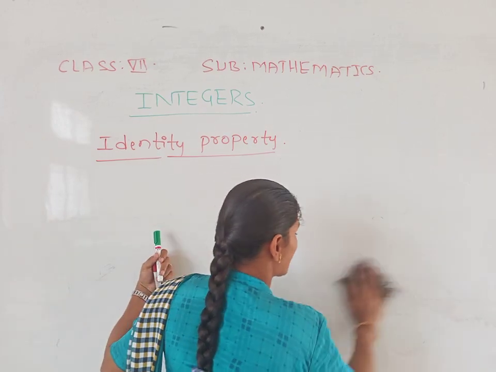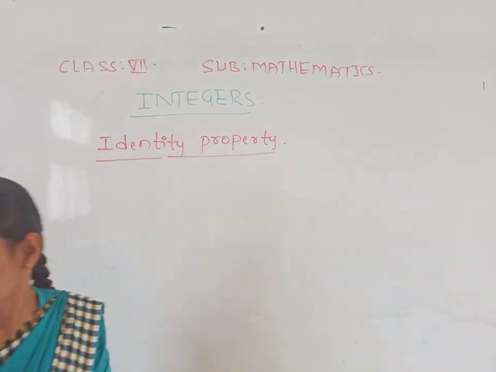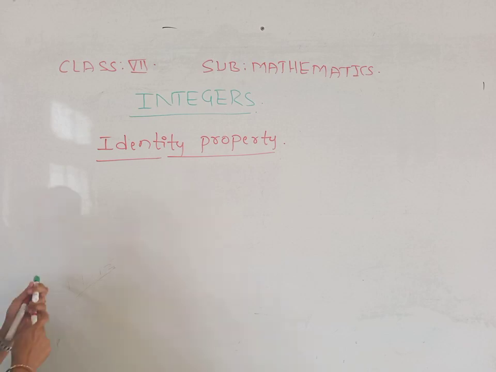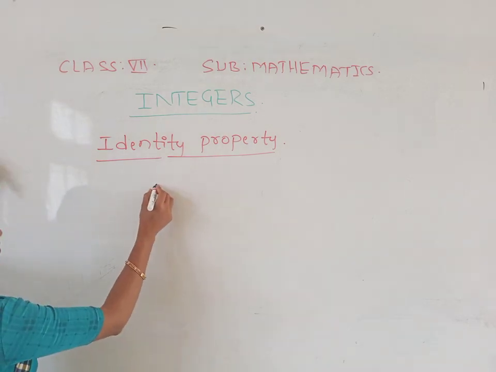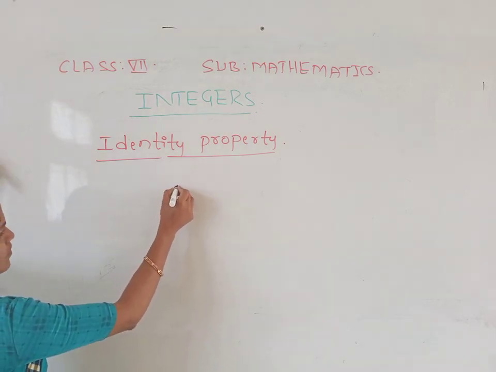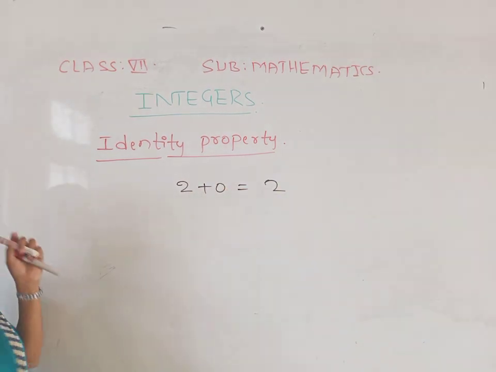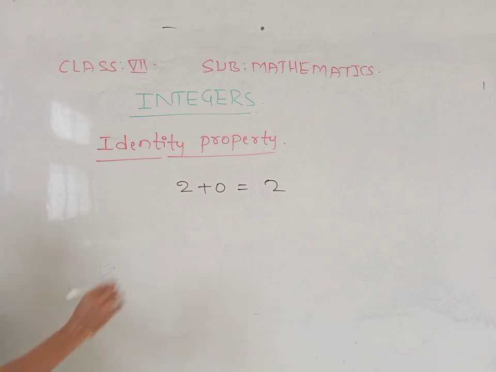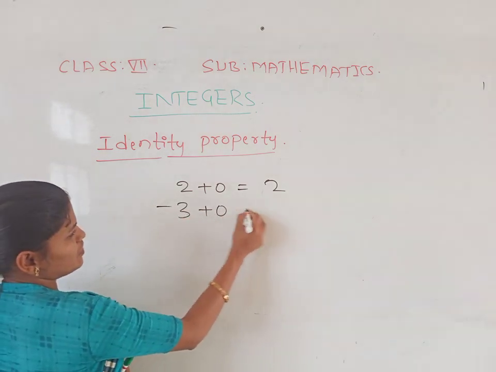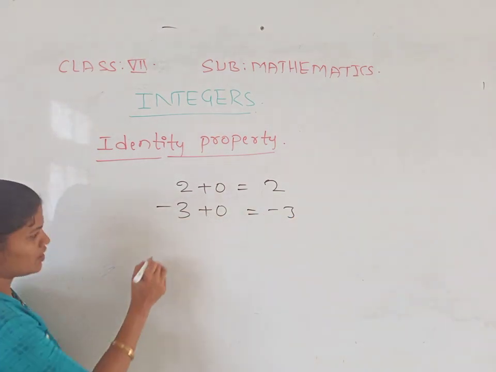Identity means it will not react here. Ideally it is sitting here. Take an example: 2 plus 0, then you can write 2 only. Minus 3 plus 0, again minus 3 only.